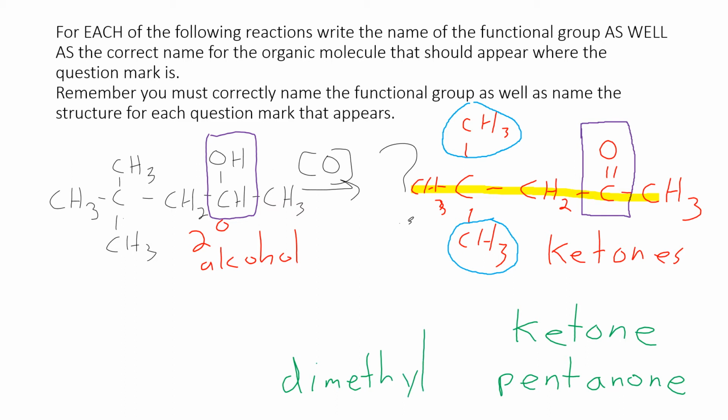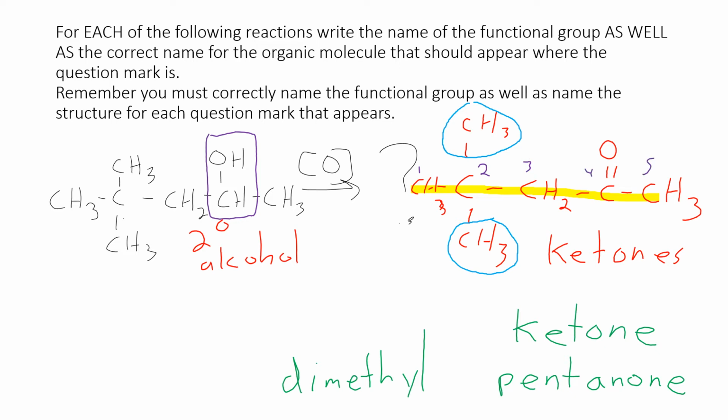The last part is we would have to number the carbon chain. So if I get rid of some of our highlighting and drawing here, now we would number the carbon chain to decide which numbering system we would want to use, going left to right or right to left. In purple, we'll number going left to right: 1, 2, 3, 4, 5.